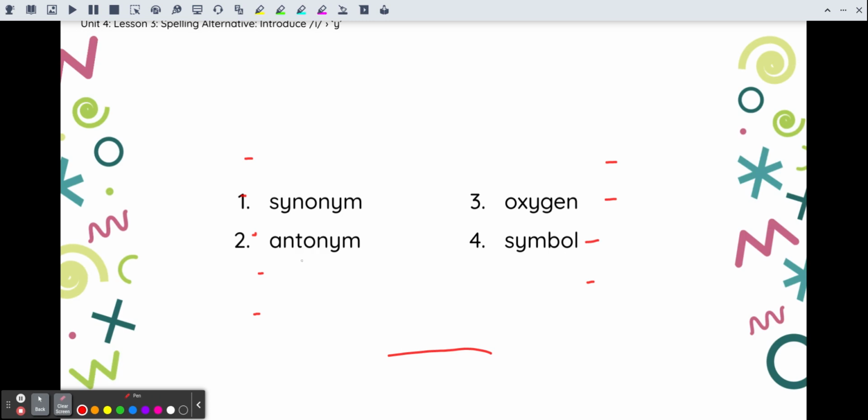Now, let's read some words that are spelled with a Y that make the I sound. Synonym, antonym, oxygen, symbol.